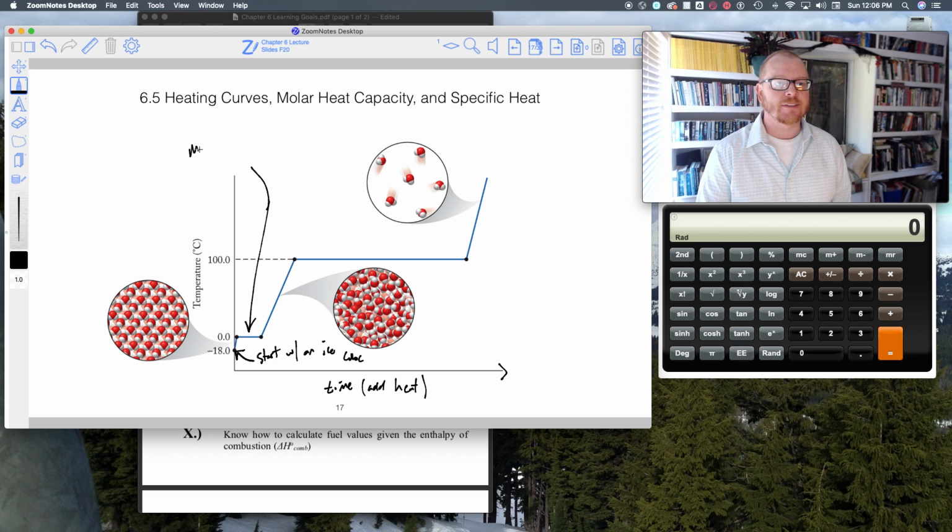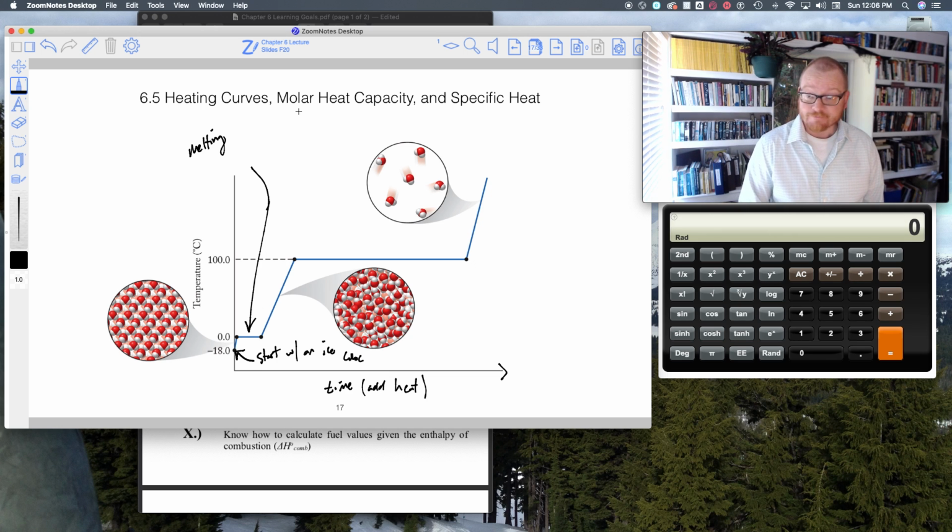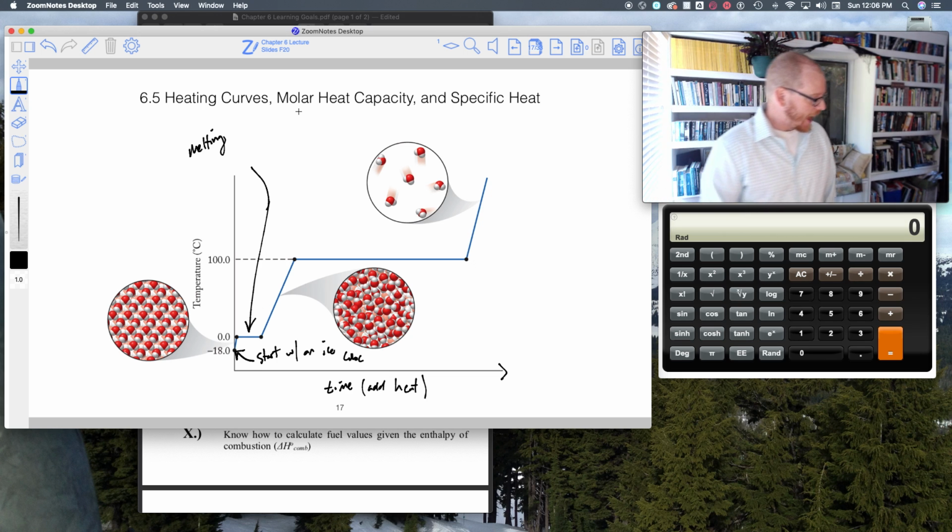Well, the ice is melting, and that takes some time. During that time, the ice is not going to change temperature. It can't, because you can't have a piece of ice at a hotter temperature than 0 degrees.